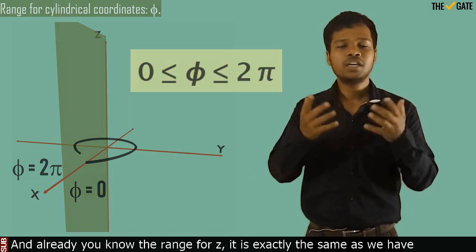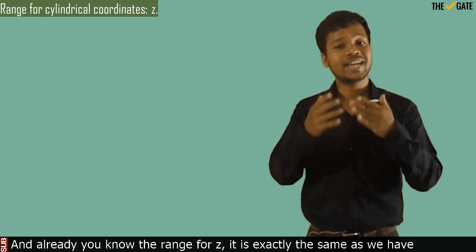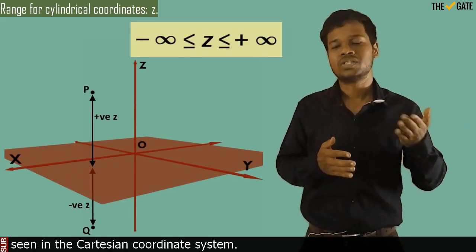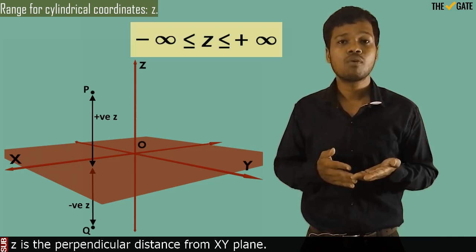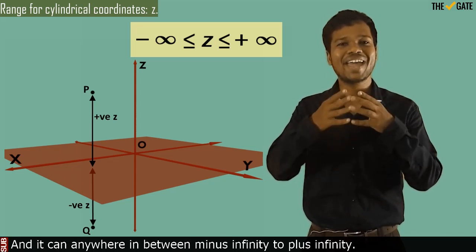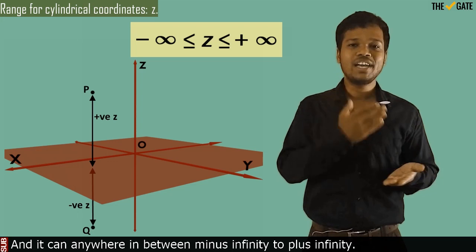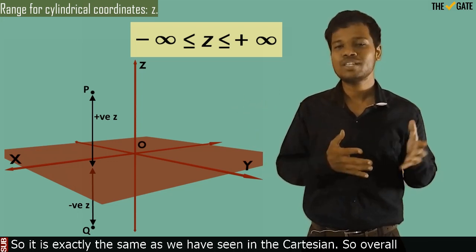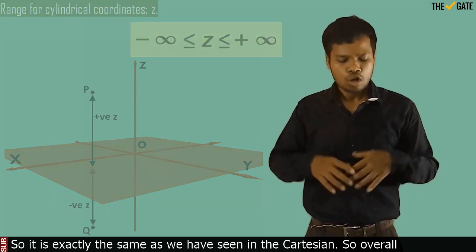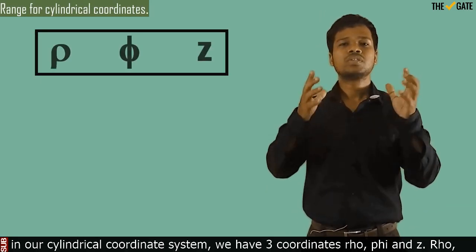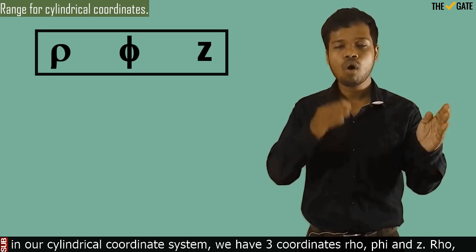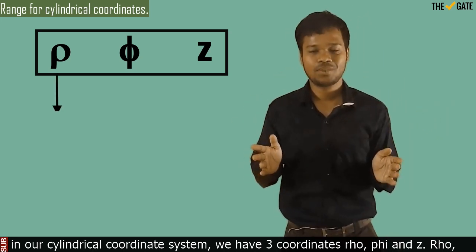And already you know the range for z, it is exactly the same as we have seen in the Cartesian coordinate system. Z is the perpendicular distance from the xy plane, and it can be anywhere between minus infinity to plus infinity. So overall, in our cylindrical coordinate system, we have three coordinates: rho, phi and z.